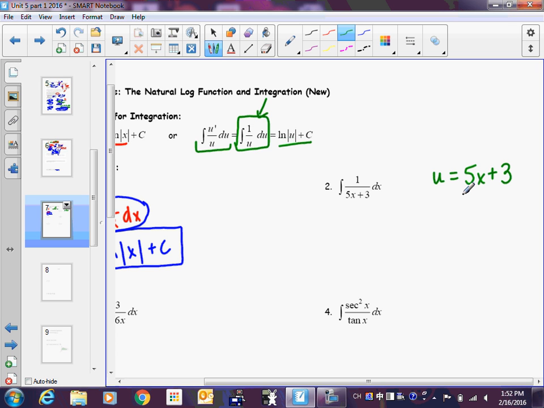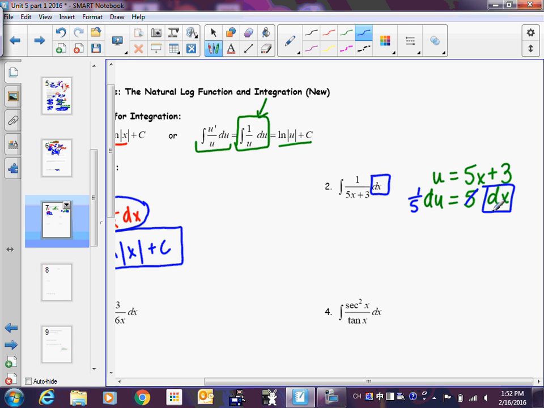All right. So then the next step would be du. So this we should be very comfortable with by now. What's du? 5 dx. So the dx is going to be replaced by, well, there's no 5 here, so let's divide it over.